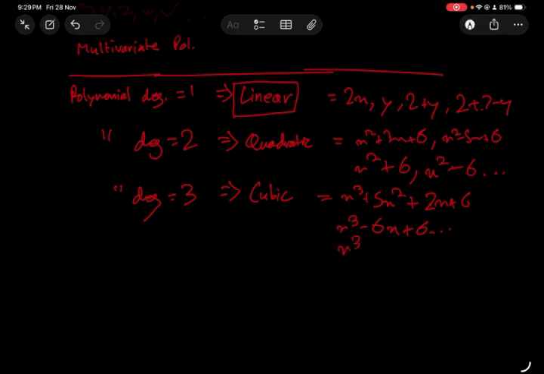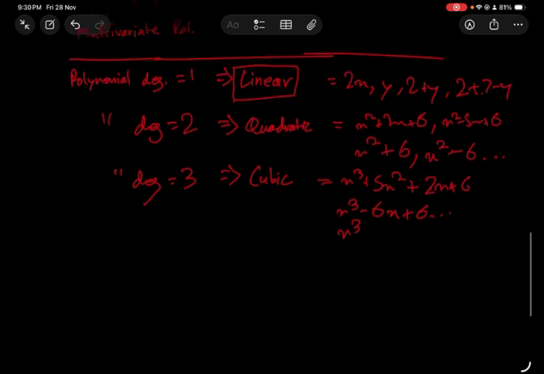This is a monomial and also a cubic polynomial.